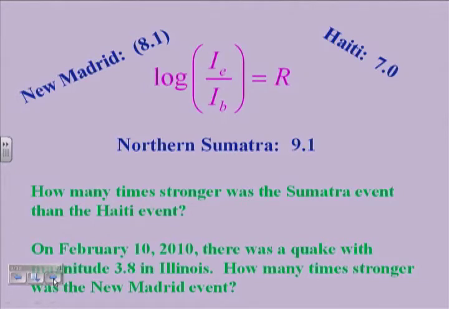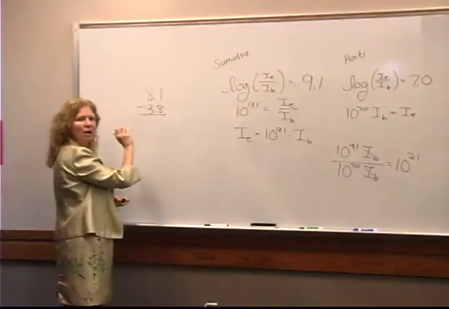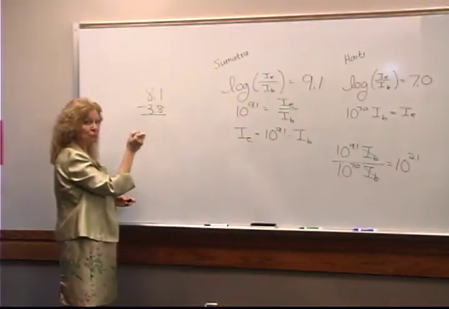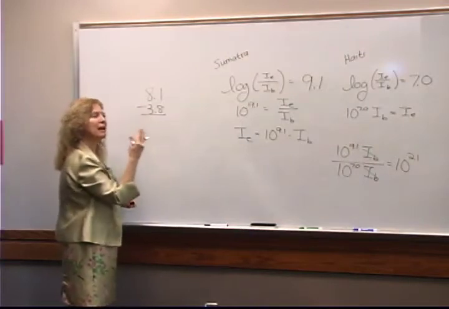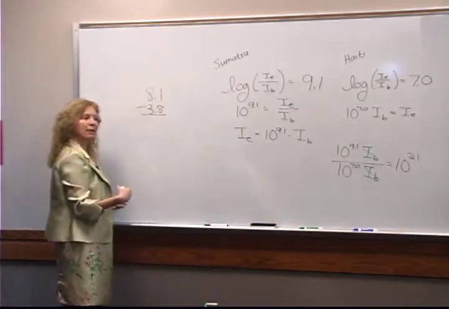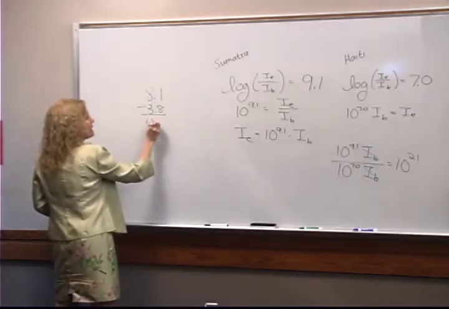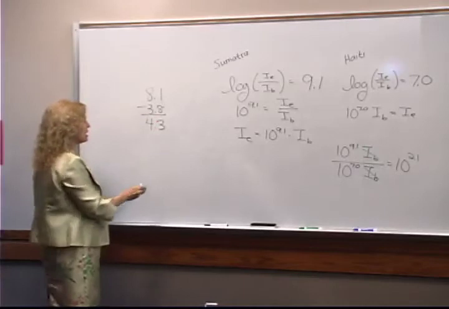New Madrid had a Richter value of 8.1, whereas this is a 3.8. So if I simply do that subtraction, now I'm subtracting my Richter values because they're coming out of logarithm, they are exponents, and I'm actually wanting to divide. So I subtract my exponents and I get what, 4.3?